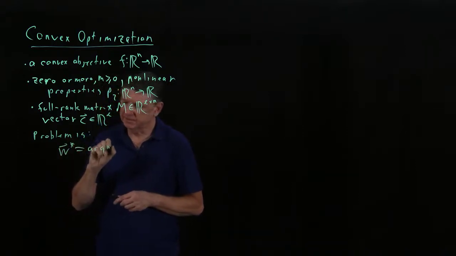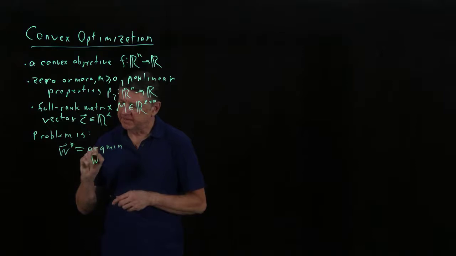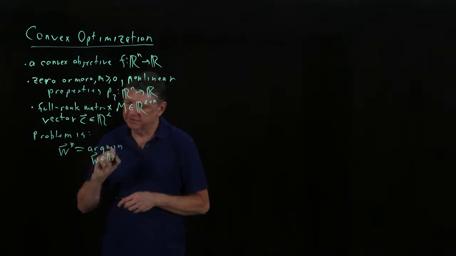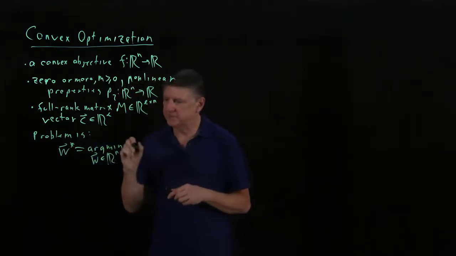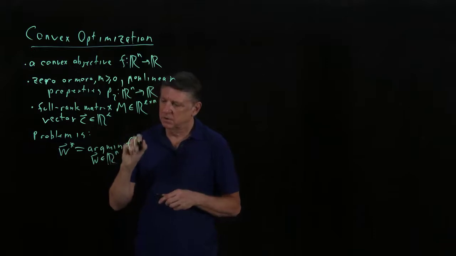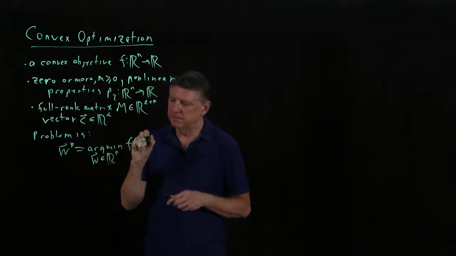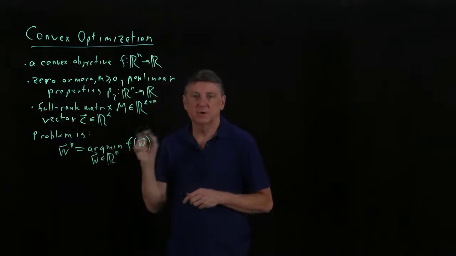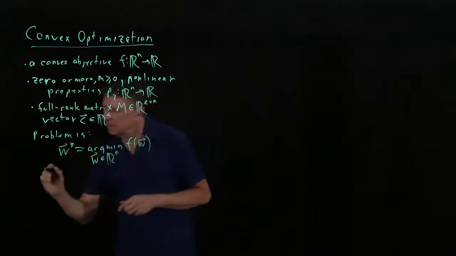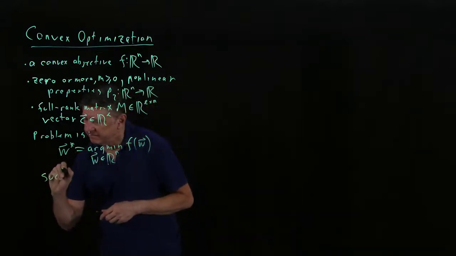So that's a vector that out of all of the possible vectors in the n-dimensional vector space, we want it to be a minimizer of this convex function, and we have constraints.